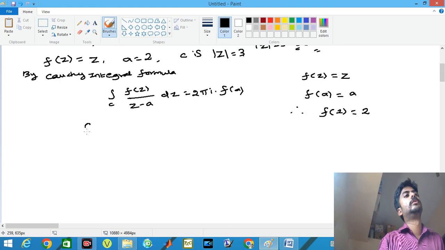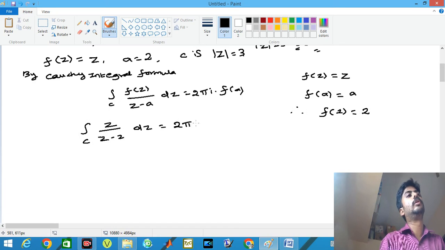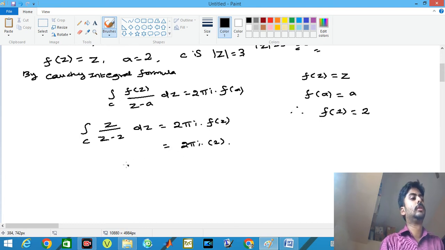So we can write for our problem integral over C z by z minus 2 dz equal to 2 pi i into f of 2, that is equal to 2 pi i into 2. So the answer is integral over C z by z minus 2 dz equal to 4 pi i.